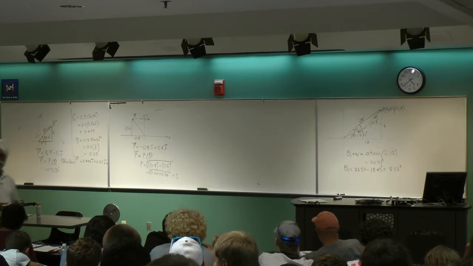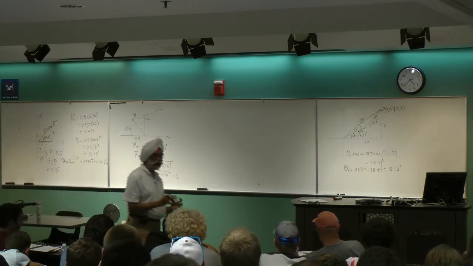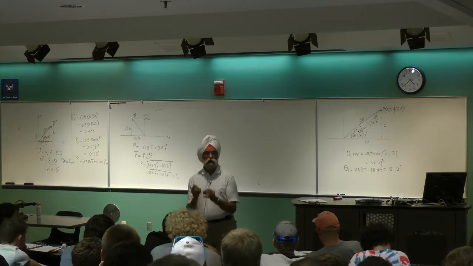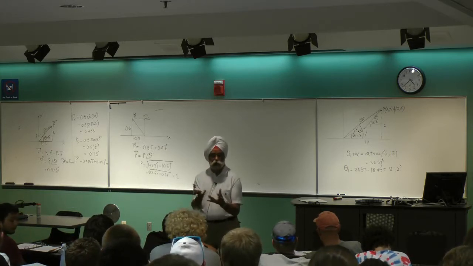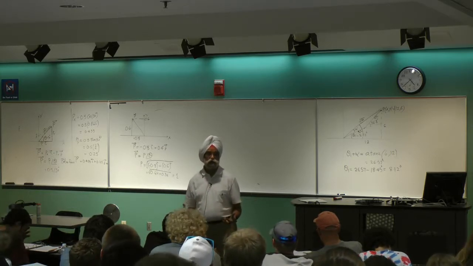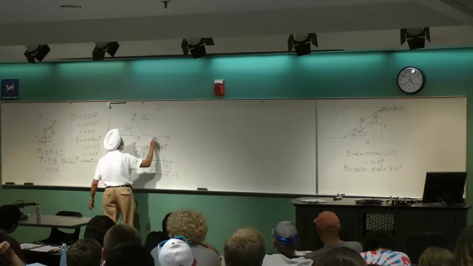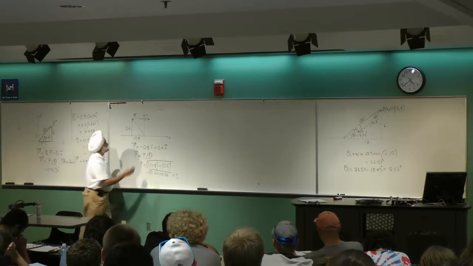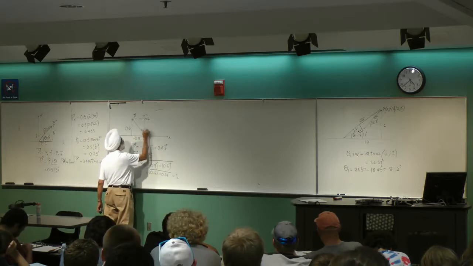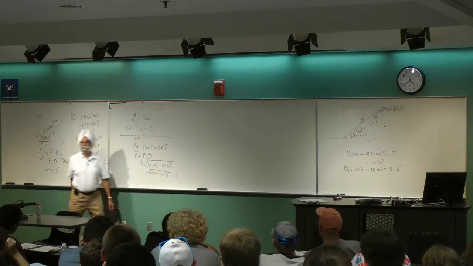Remember that, okay? When you represent the angle, it's always from the positive. Remember when you did the previous chapter, that's what you defined: positive in this direction, negative in this direction. So the angle theta we are looking for is this.